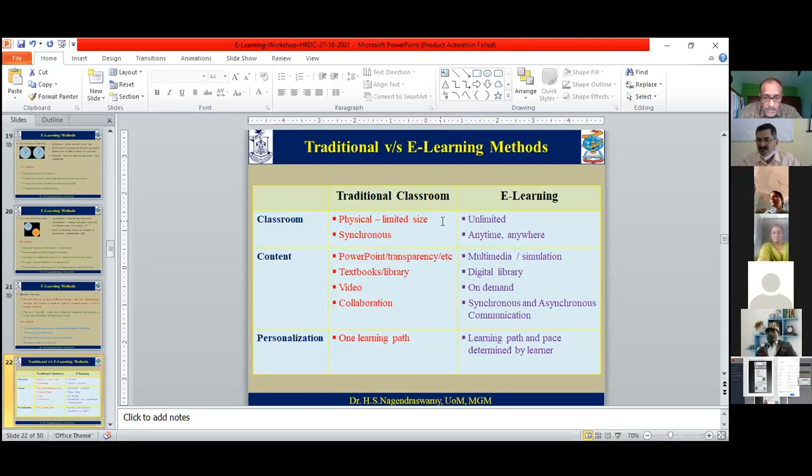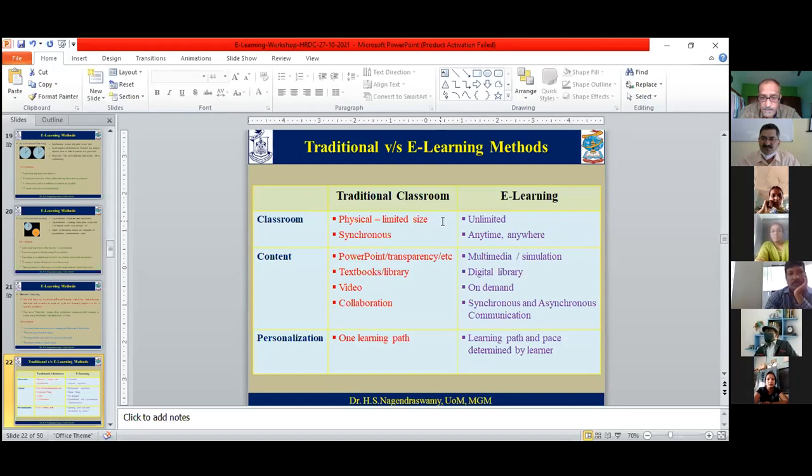That's one of the limitations. If the number of participants is more than 60, the physical space may not be sufficient to accommodate all 60 or 100. And it has to happen in synchronous mode only, as we already understood what is synchronous way of delivering a lecture. The teacher is there, the participants are there, and everything happens in real time, face to face.